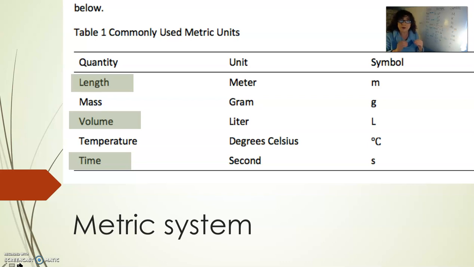For temperature, we use degrees Celsius as opposed to degrees Fahrenheit. And you might say, well, what does degrees Celsius have to do with the base 10? Well, degrees Celsius is kind of another measure. It's perfect for biology because the freezing point of water, which is the basis of life, is 0 degrees Celsius. So it makes it so easy to think about water being the freezing point at 0 degrees Celsius.